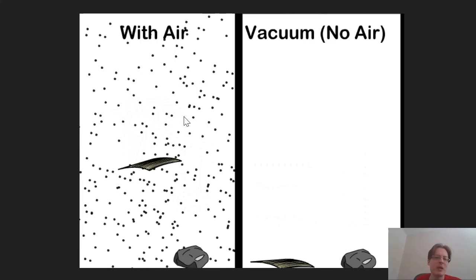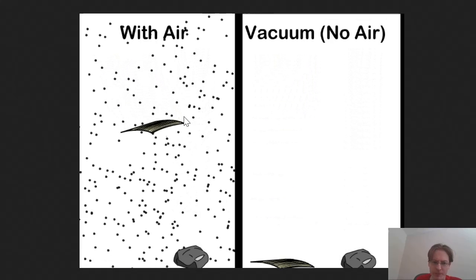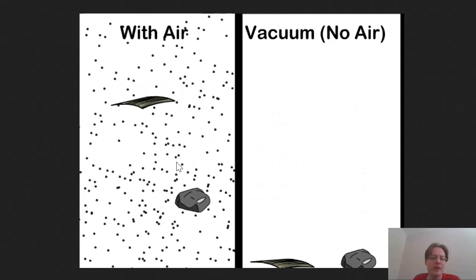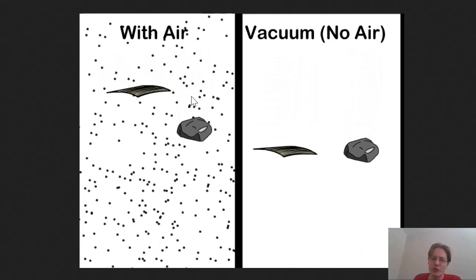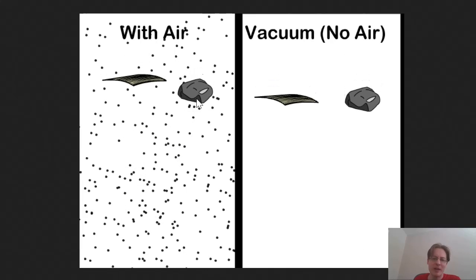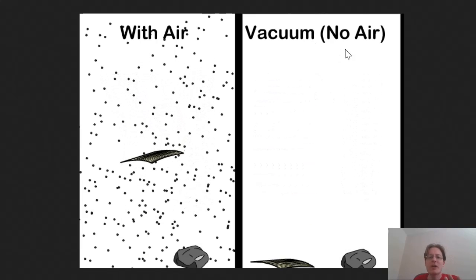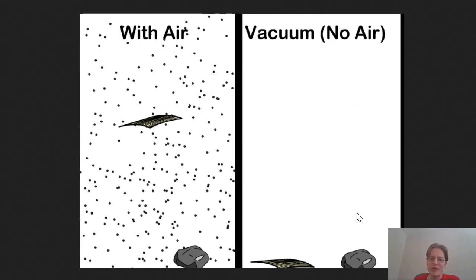Like ants can pick up a grasshopper, but ants aren't going to have much effect on you. The collisions of little tiny air molecules aren't going to affect the falling rock very much. They hit the rock just as hard, but it doesn't have much of an effect on the rock's motion. Compared to what you see in a vacuum, no air at all, they both fall exactly together. And we've learned all about that.